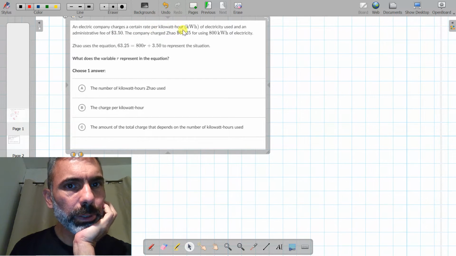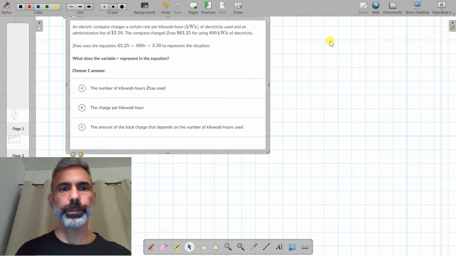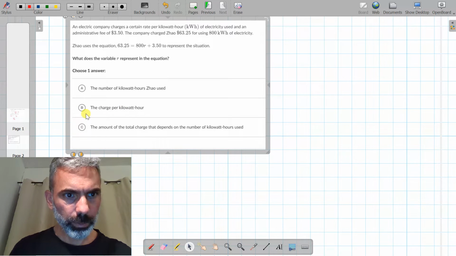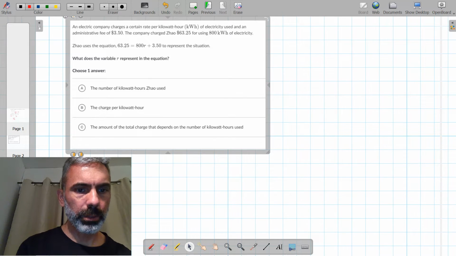The rate per kilowatt hour is R, so it pays 800 times the rate per hour, and then it needs to add 350 as administrative. Okay. So the charge per kilowatt hour is the correct answer.